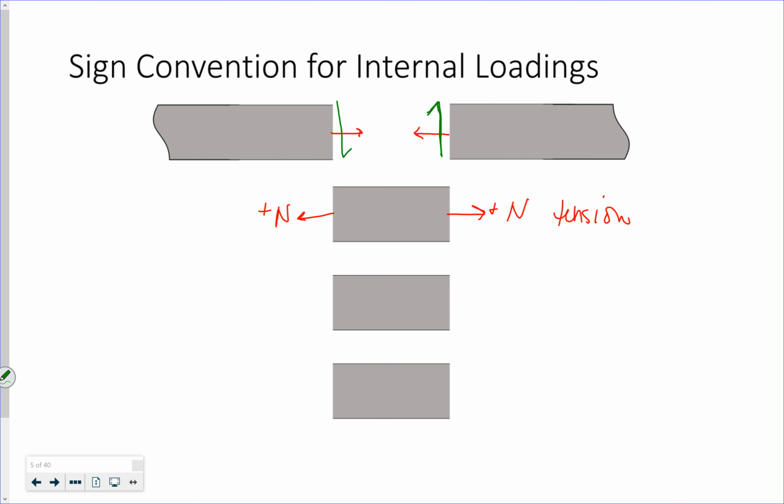But equal and opposite, so that would be up and that would be down if I'm looking at that chunk I took out of there. A positive shear would rotate my little beam clockwise, right? If I apply those shear forces, it's going to rotate like that.